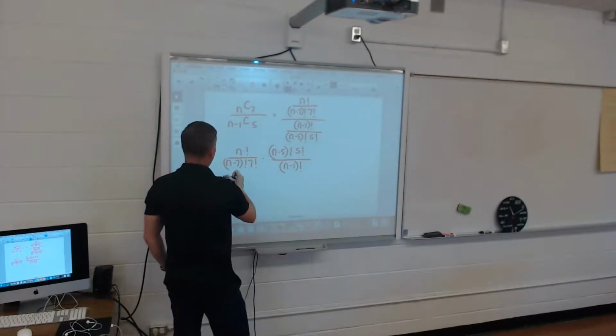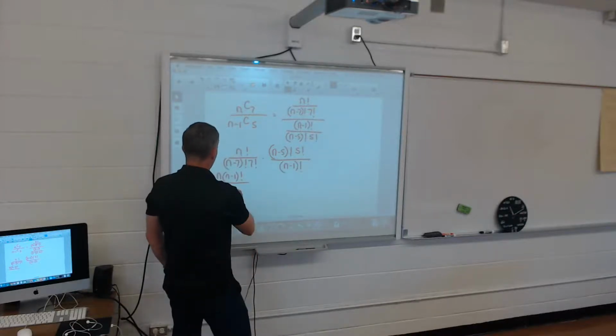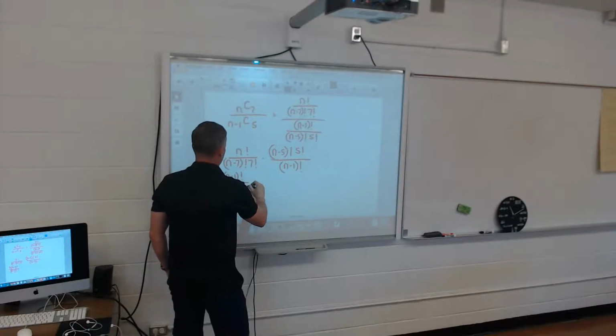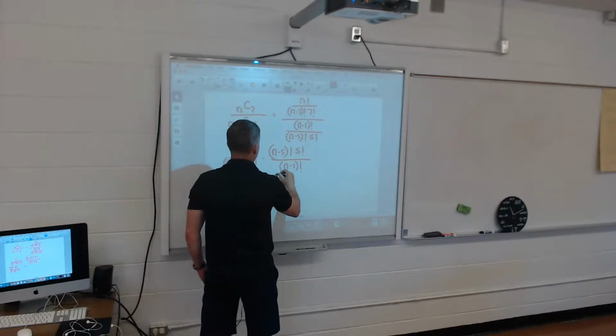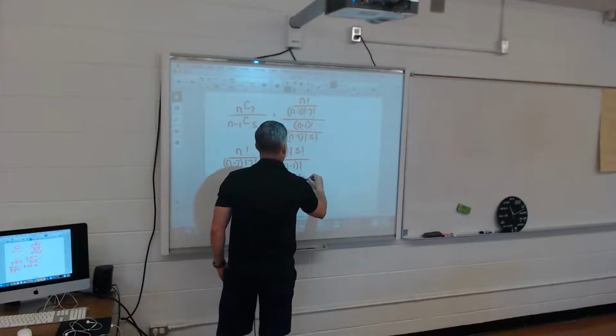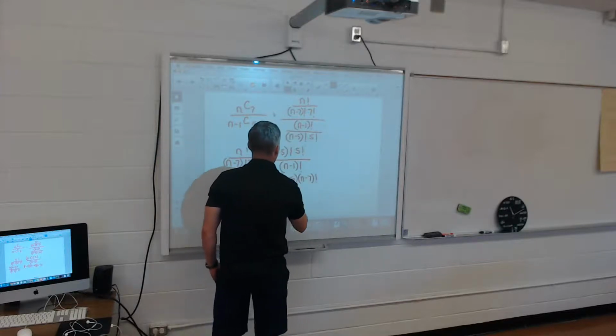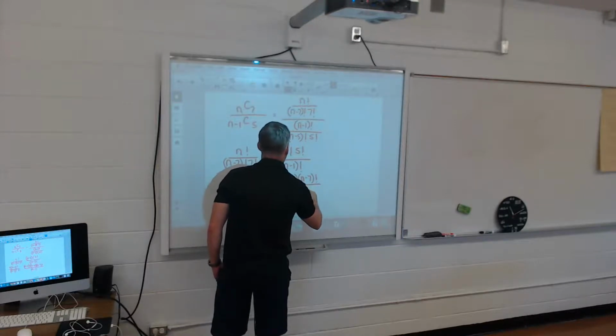So n factorial is n times n minus 1 factorial over n minus 7 factorial, 7 factorial times n minus 5, n minus 6, n minus 7 factorial over n minus 1 factorial.